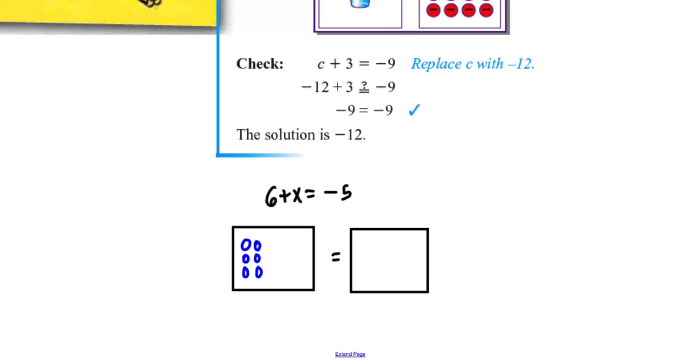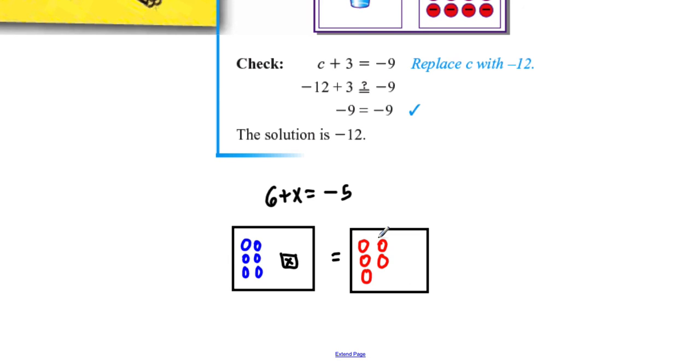And you have an x right there. We'll make it a cup, just like what we've been doing. Okay, that's our x. And then negative 5, I'll make that red. 1, 2, 3, 4, 5.